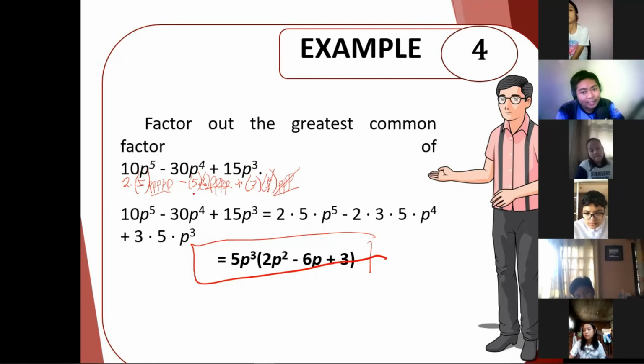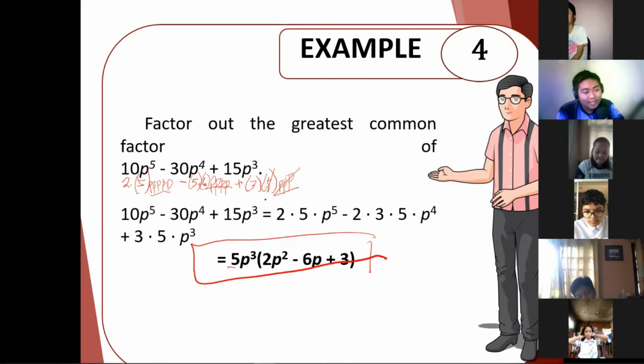So after getting that, get the common term. We have 5, 5, 5. Therefore, that would be 5. The variables would be p cubed, p to the 4, and p to the 5. So anong kukunin natin? Yung pinakamaliit. So that would be p cubed. So that would be 5p cubed.